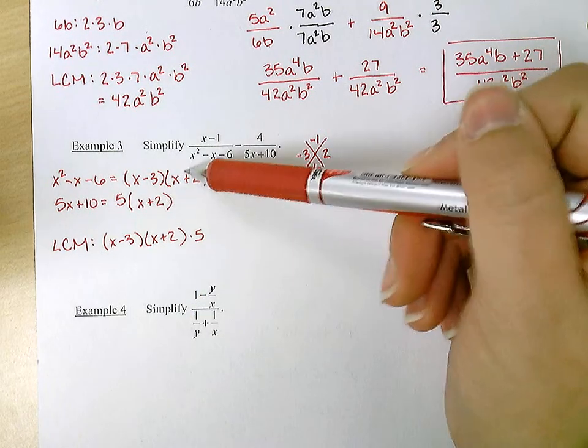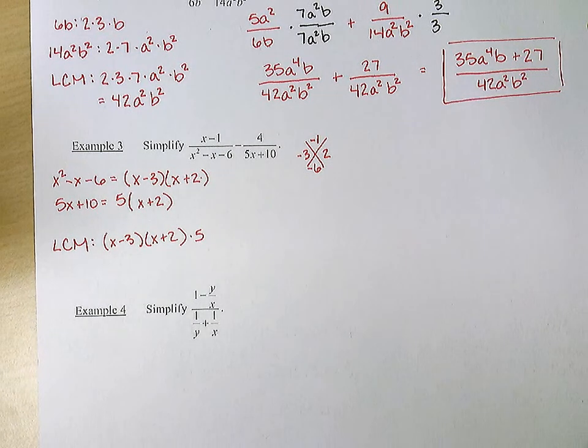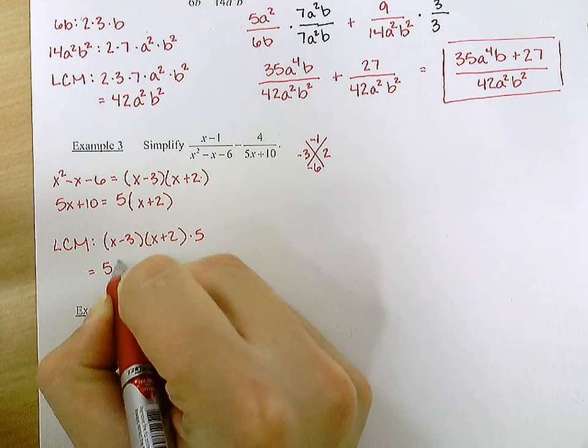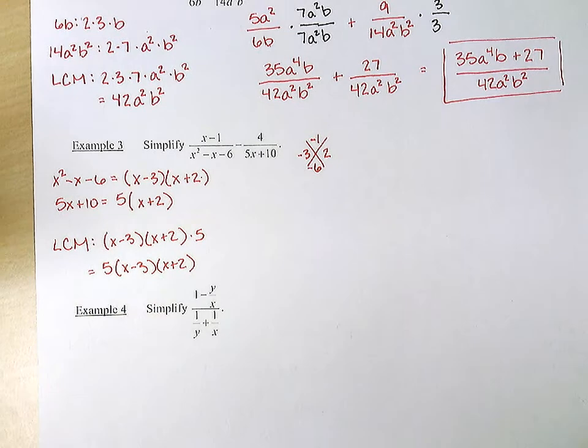Did I have an x plus 2 in my first term? Yes, so I don't need to rewrite it. Okay, so this is my LCM. And I need to make my denominators look like that. So I need to multiply in that version of 1.